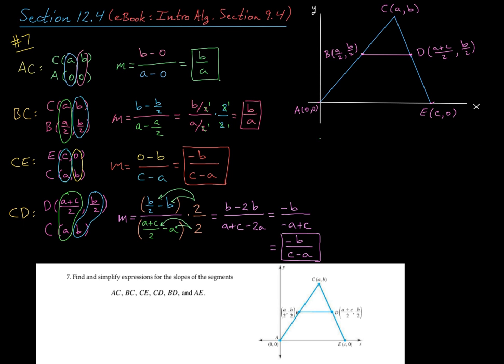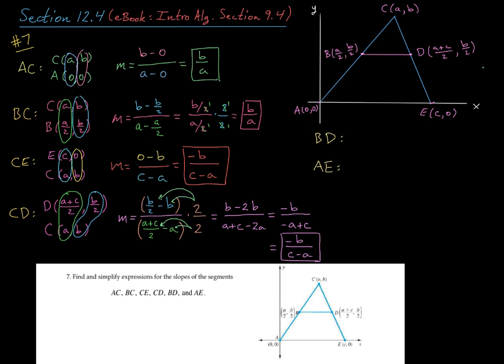Then we just have these last two parts, BD and AE. Something nice about these two: for BD, notice the y coordinates are the same.